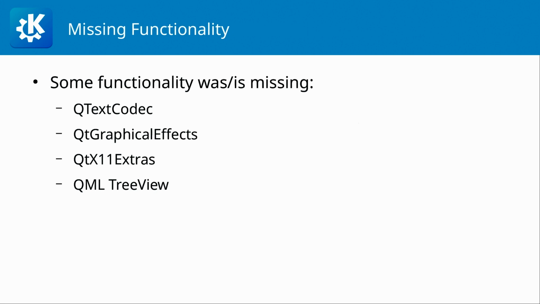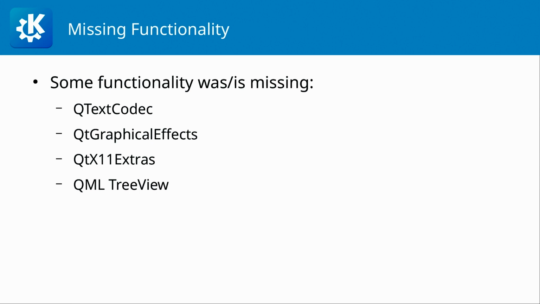But we have applications like a text editor, which ideally should be able to handle every codec you throw at it, and telling your Japanese users that they can't open their Shift-JIS encoded file anymore because the Qt maintainers decided you should be using UTF-8 anyway is not an acceptable solution to us. So for the time being, our approach was to keep using QTextCodec in the compat library, which worked in many cases, but there are still things missing, like you can't set an arbitrary encoding on a QTextStream anymore because the API for this is simply missing, even if Qt is technically able to handle that codec fine.